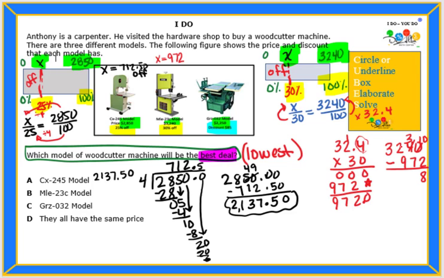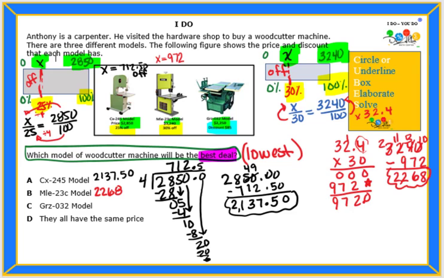I cannot subtract 7, so again, I'm going to borrow and regroup. And 13 minus 7 is 6. Now I have 1 minus 9, which again, I'm going to have to borrow and regroup. That's 2. And 2 minus nothing is 2. So it looks like this model is $2,268 after our 30% discount. Let's go ahead and write it right here. $2,268. So we've already found 2 of our models.